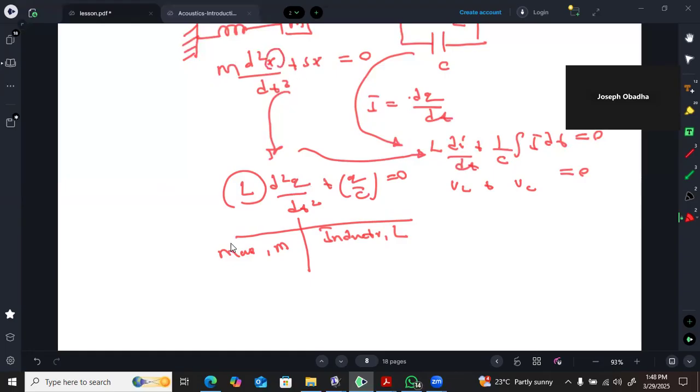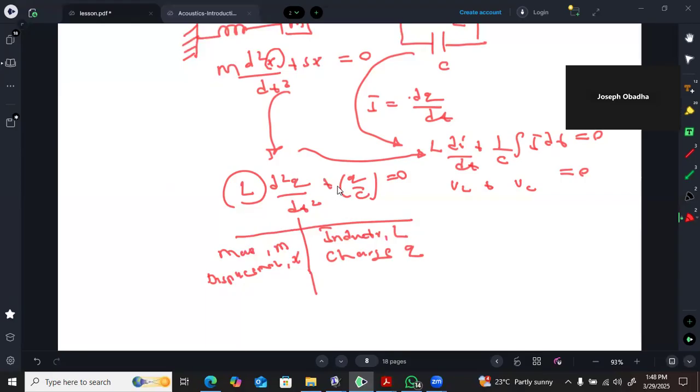And then you can see that the distance, displacement x, actually corresponds to charge q.